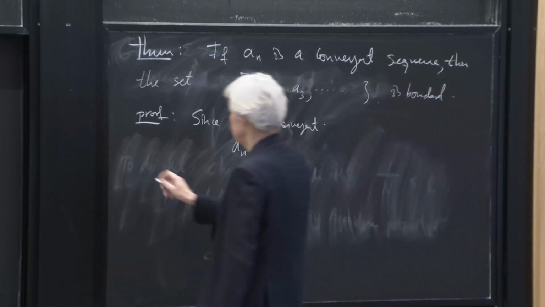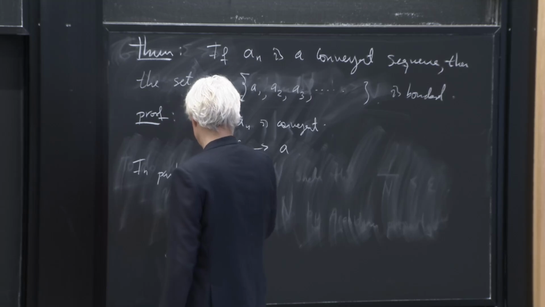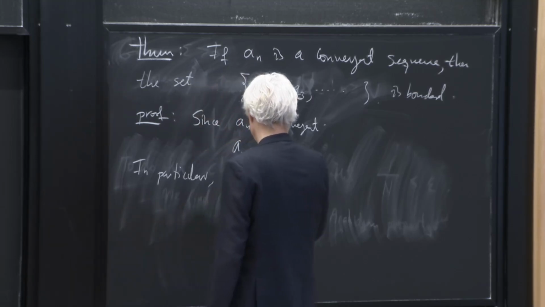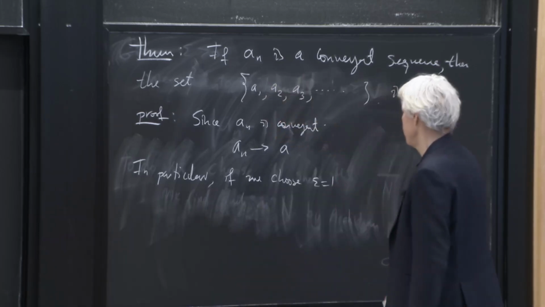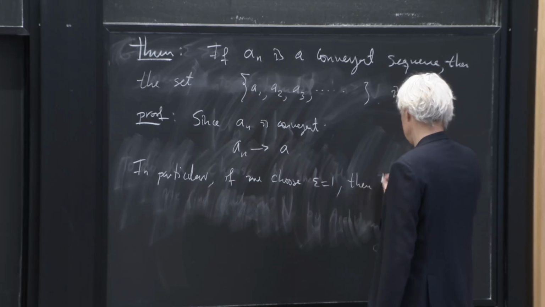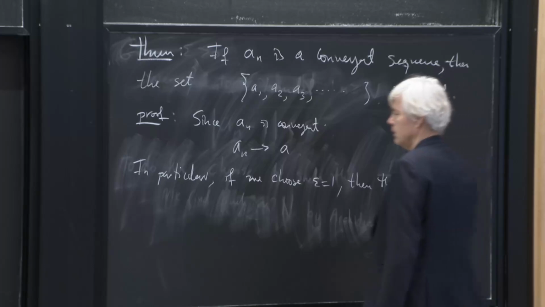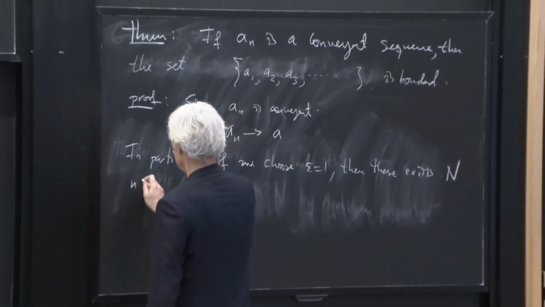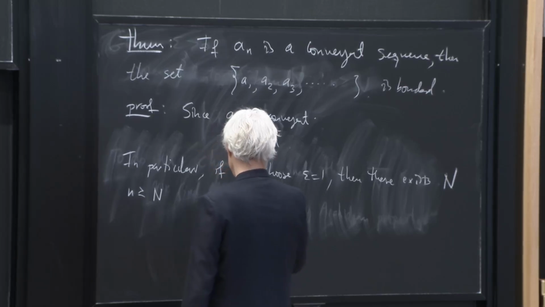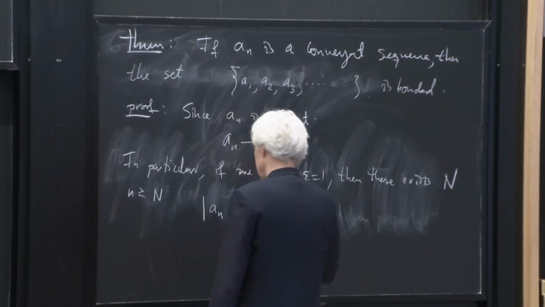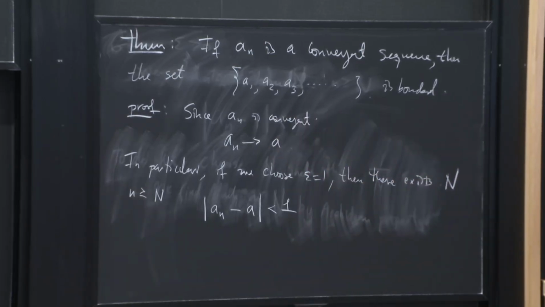So in particular, if we choose epsilon to be equal to 1, then there exists a capital N, so that if little n is bigger than this capital N, then |a_n - a| is less than 1, right? This is convergence just applied to this single epsilon, right?